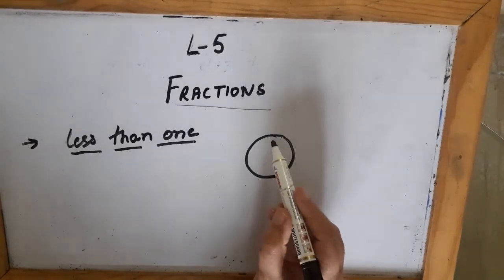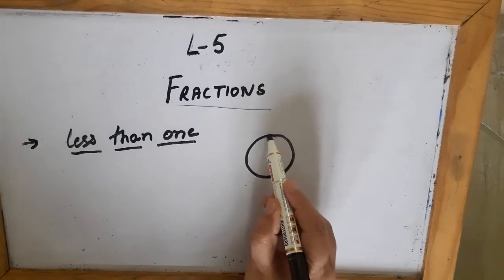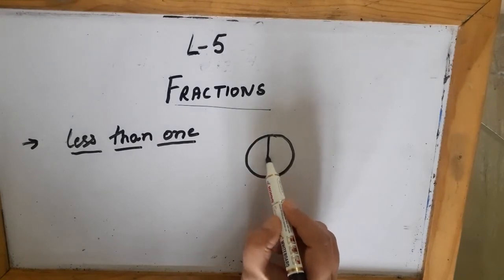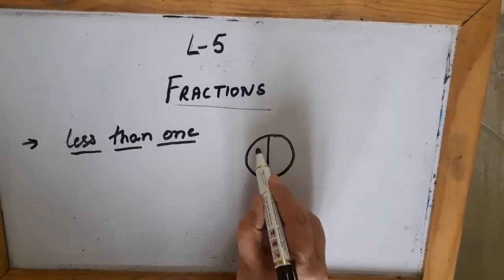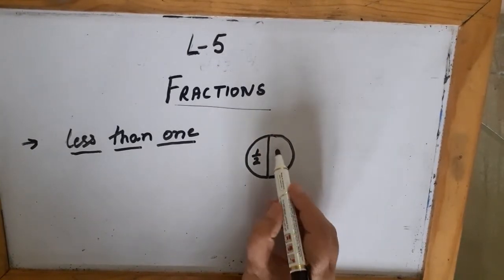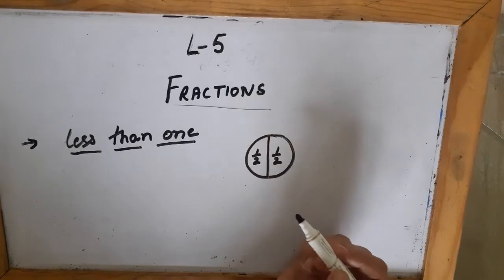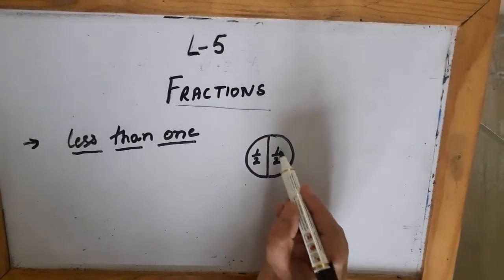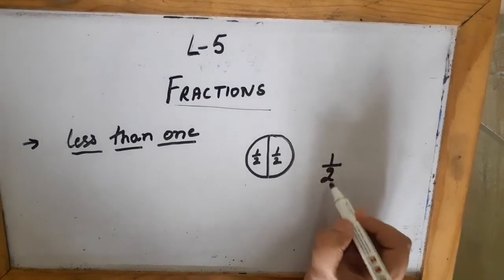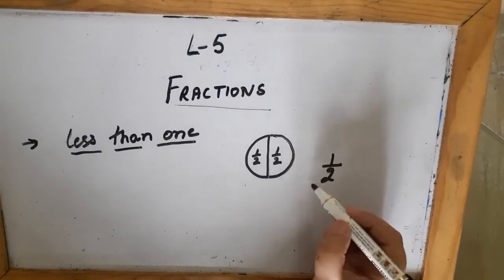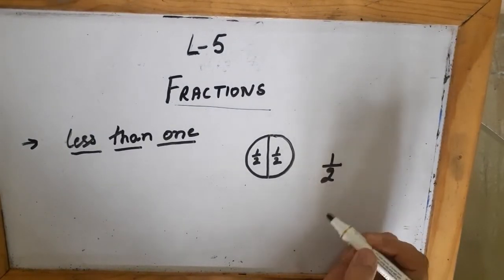Suppose I divide this cake into two equal parts, then this part will become the half of the cake, and this also will be the half of the cake. So this half is a fraction which represents a number that is less than 1.